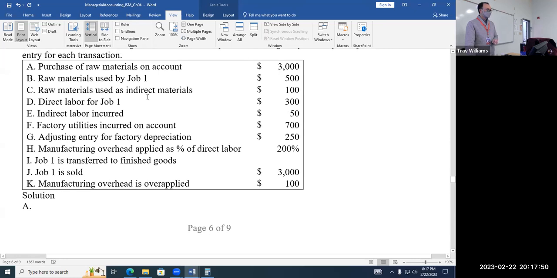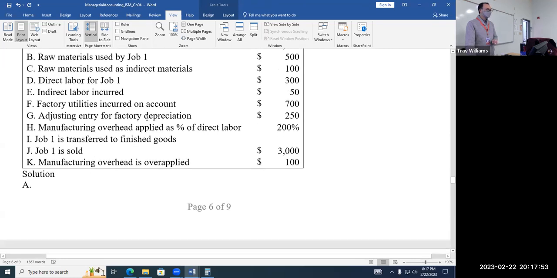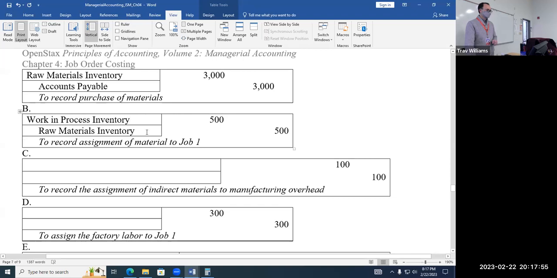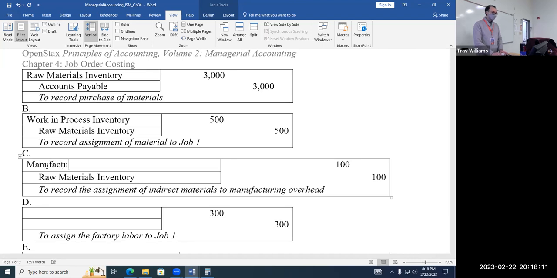C, we've got some raw materials that are used as indirect materials. And so that's also coming out of raw materials inventory, but where does it go? Indirect materials, also known as manufacturing overhead, right? That big bucket of manufacturing overhead is everything other than direct materials and direct labor.